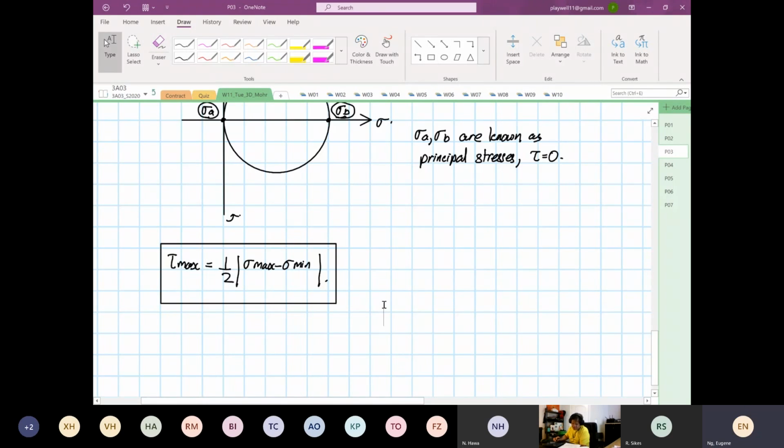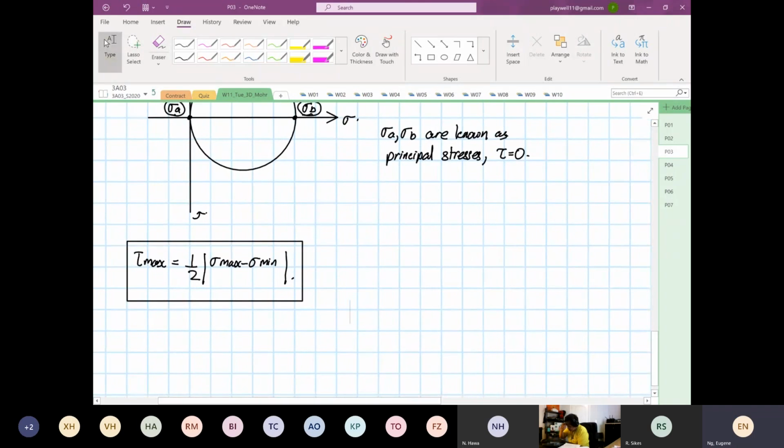So when this is the case, when the principal stress are positive or negative.